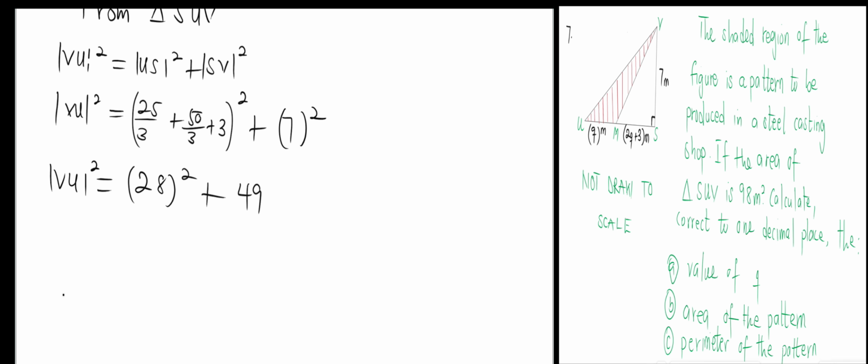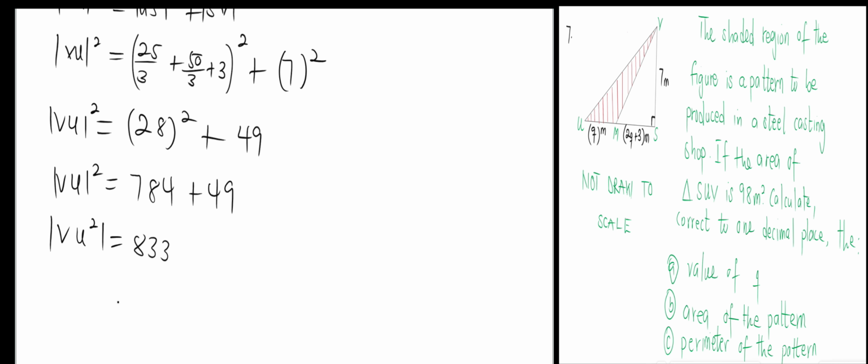So we have 28 squared to be 784 plus 49, and that will be equal to VU squared. All right, so plus 49, then we have 833 being equal to VU squared. So what we need to find is the value of VU, not VU squared. So we take square root of both sides.